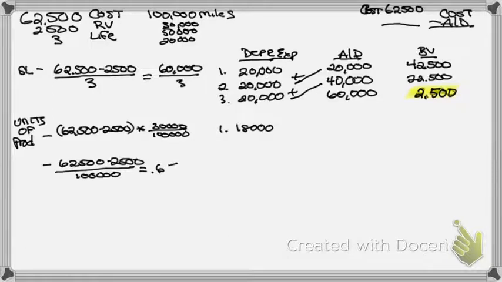Then you would take 0.6 times 30, 0.6 times 50, and 0.6 times 20, because those are the numbers up there. So you would get 18, you would get 30, and you would get 12.